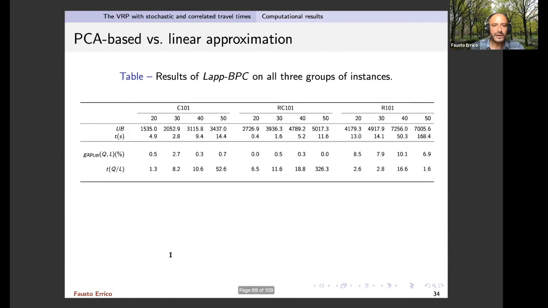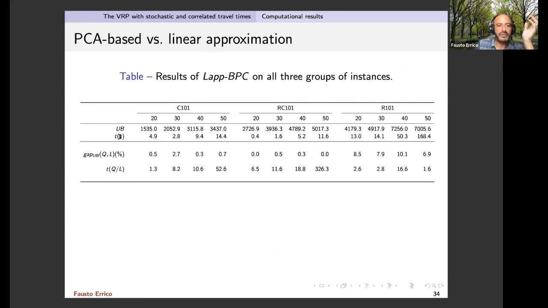And now this is a comparison with the linear approach, the naive approach. In this case we have the instances on the top. Sorry for switching the direction of the table. Here we have all three instance families C, RC, and R with all the numbers of customers.